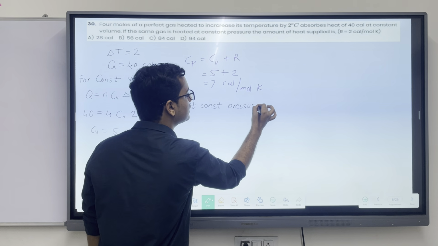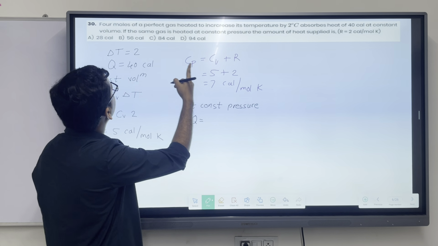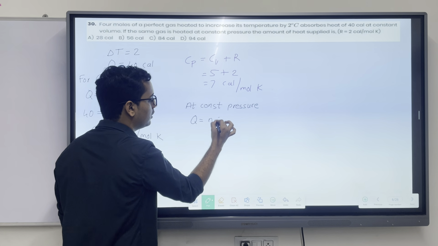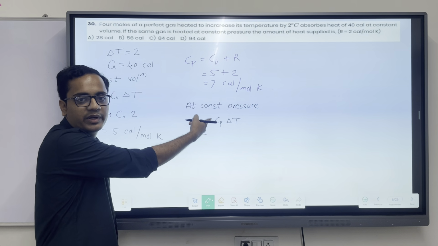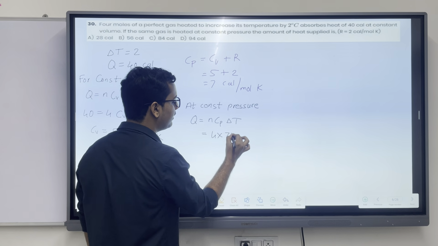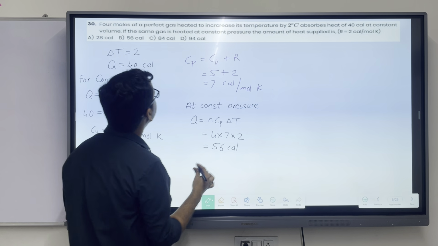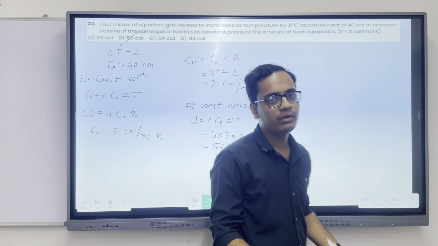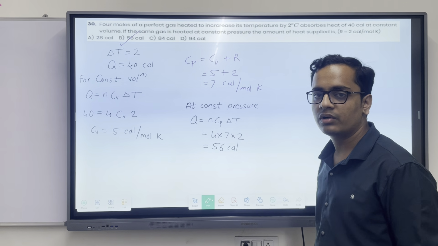The question asks how much heat is required to increase the temperature by the same amount at constant pressure. Q is equal to n Cp delta T, which is 4 into 7 into 2. This is 56 calories. Clear? Simple. Q equal to n Cv delta T for constant volume, Q equal to n Cp delta T for constant pressure.